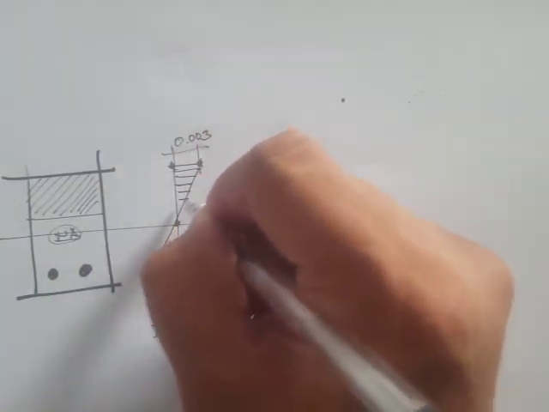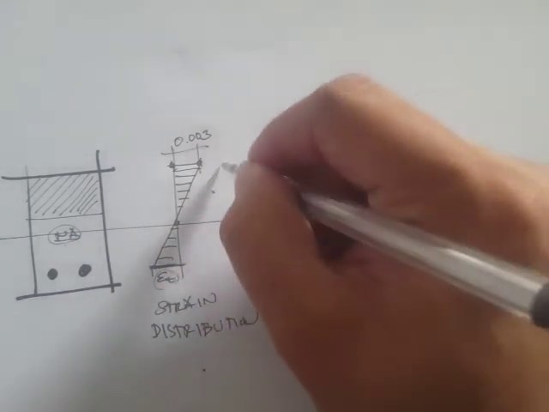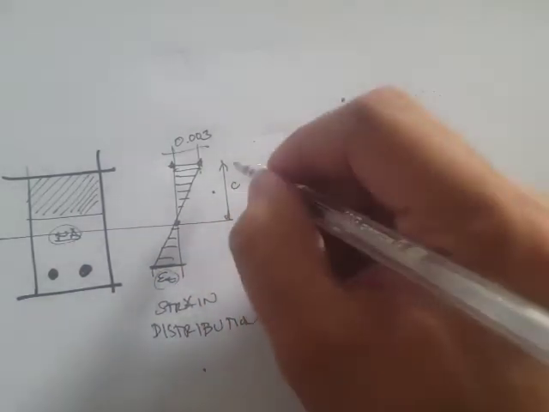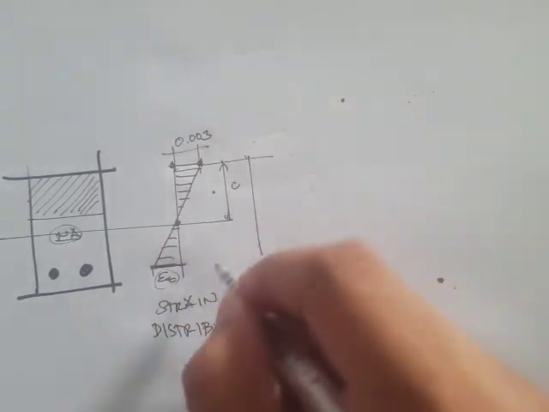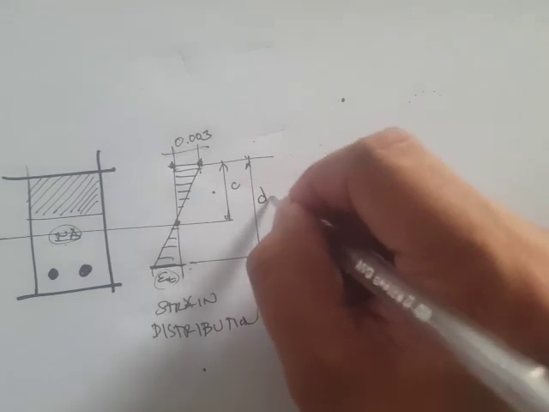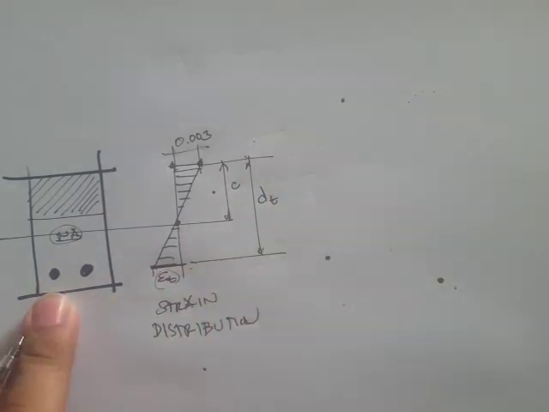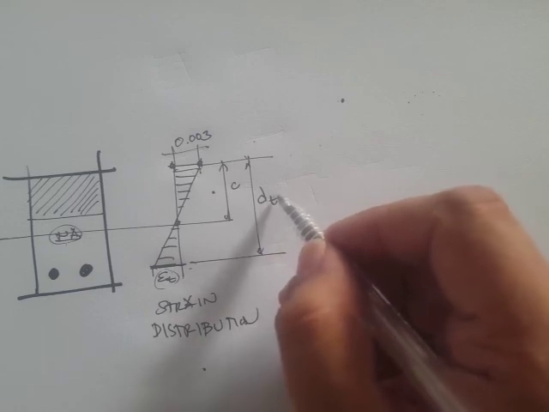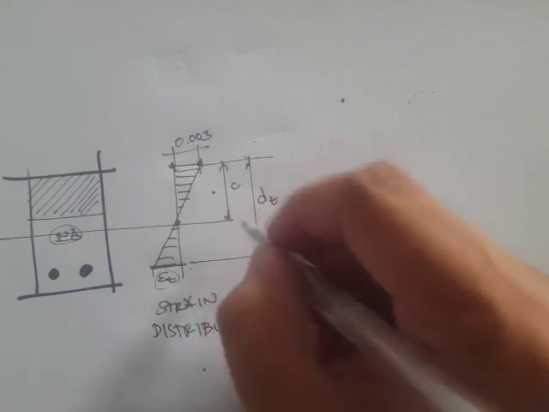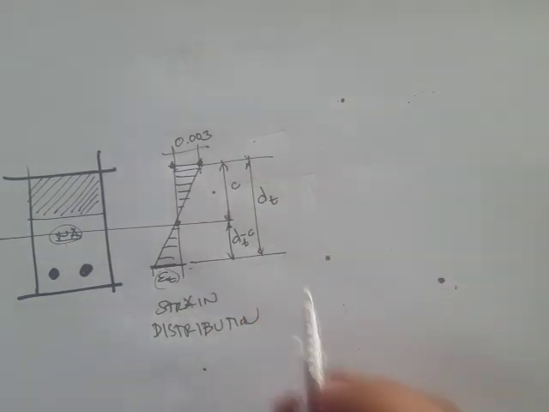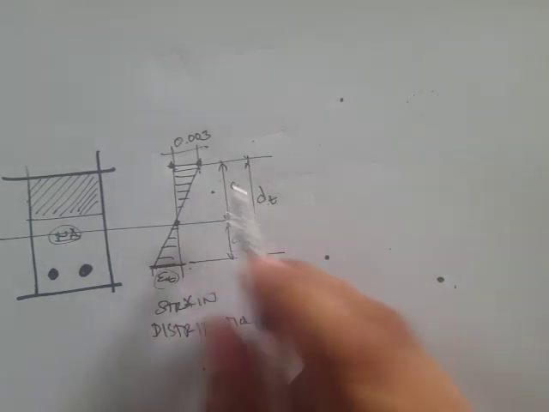So what's the distance from the top face to the neutral axis? That's letter C. And then the distance from the top face to the extreme tension steel is going to be D sub T. Or if it's a single layer, then that just coincides with the effective depth. Okay, so here, this is just simply D minus C. So it's just simply the difference.